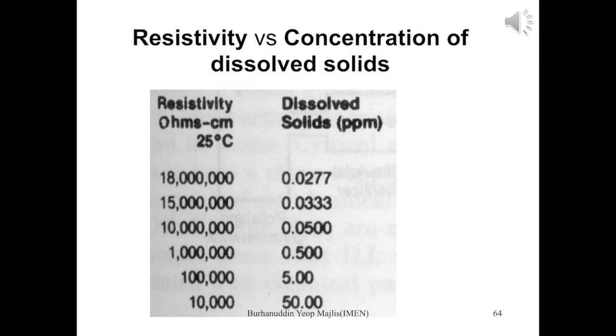So this is good enough to be used in the clean room. You see the lowest, 10,000 ohm centimeter, is equivalent to 50 parts per million. So in the clean room, we cannot use water with quality lower than 10 mega ohm centimeter, but normally we maintain it at 18 mega ohm centimeter.